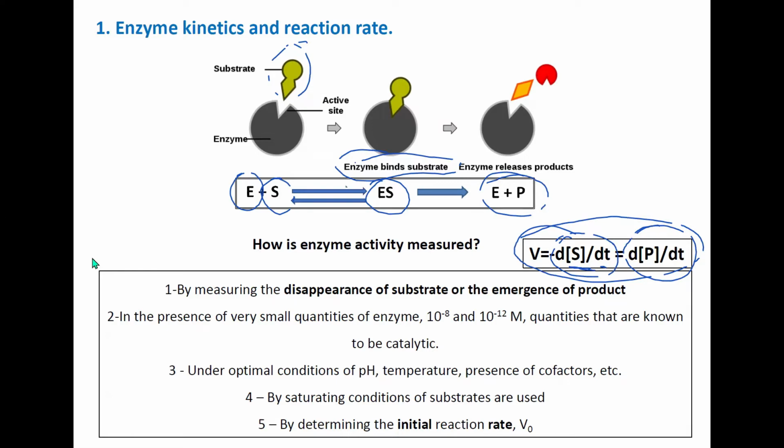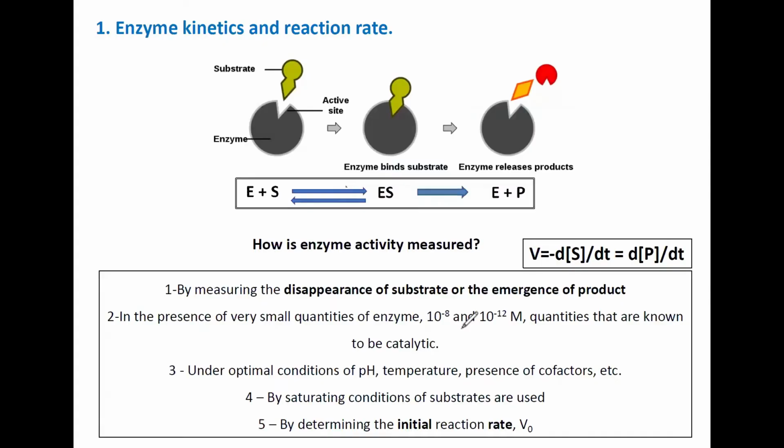So by measuring the disappearance of a substrate or emergence of product, in the presence of a very small quantity of enzymes, let's say 10 raised to the power of minus 8 molar, or in the presence of small quantities of enzymes, let's say 10 raised to the power of minus 10 and 10 raised to the power of minus 12 molar.